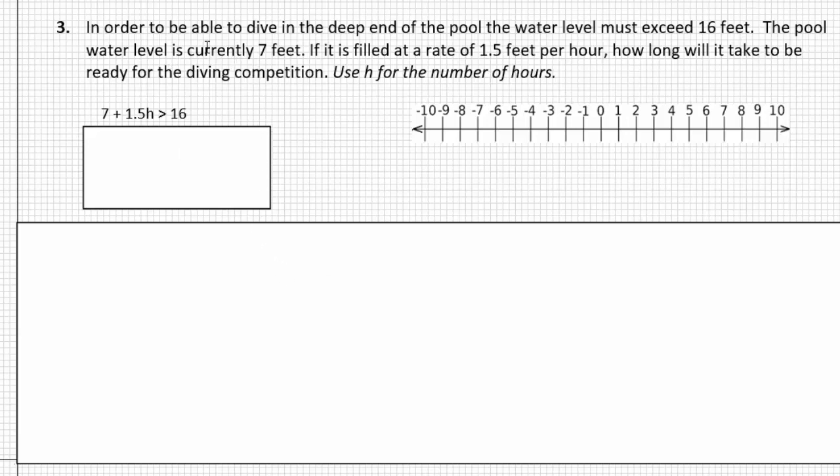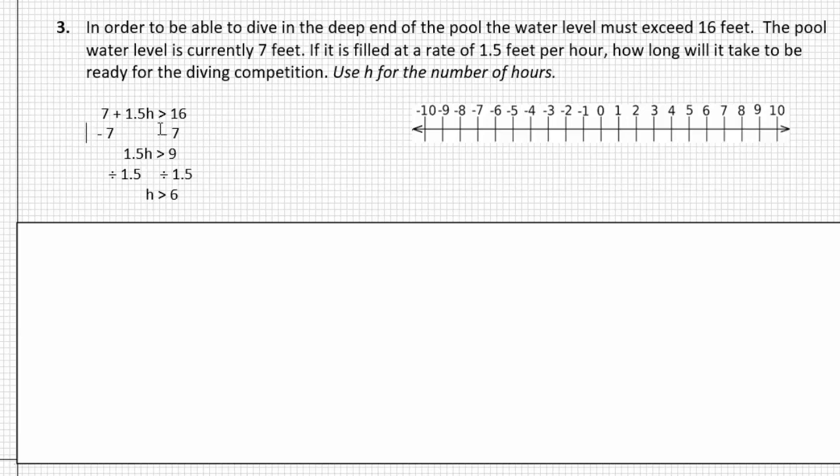Since the water level is currently 7 feet, I added to that the rate 1.5 feet per hour, so a positive 1.5 times h. If you haven't done so already, please solve this inequality and graph it on the number line, and then we'll take a look and see if we agree.